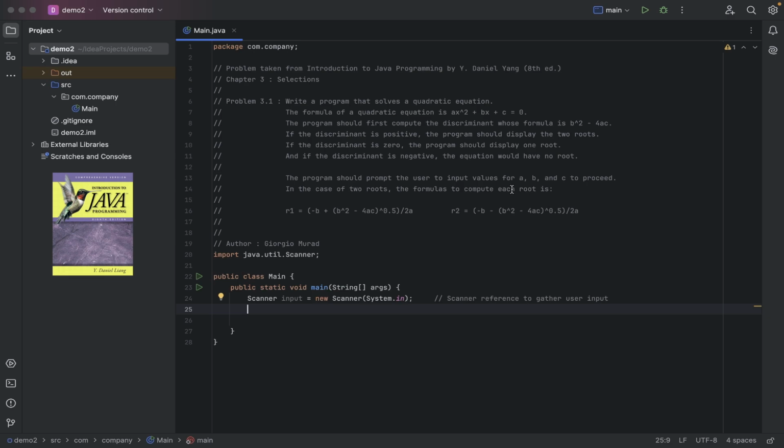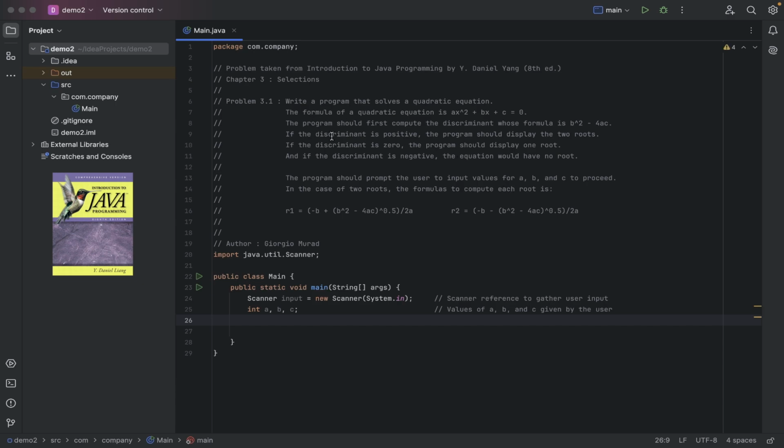Okay, next I'm gonna need 3 integer variables for A, B, and C. So int A, B, C. Values of A, B, and C given by a user.